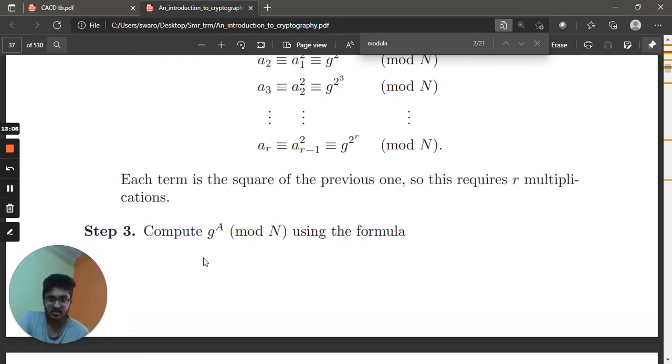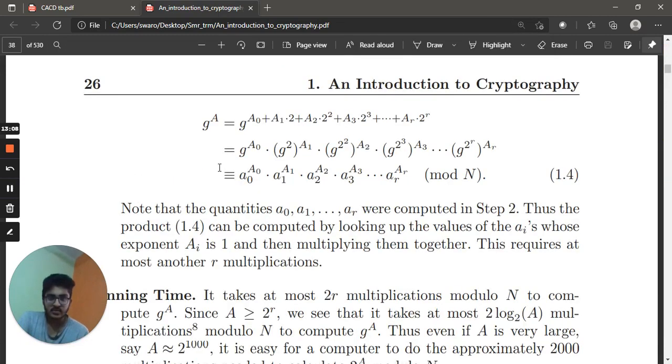In step 3, compute g power a mod n using the formula g power a equals g power (a0 plus a1 into 2 plus a2 into 2 square and so on up to ar into 2 power r).